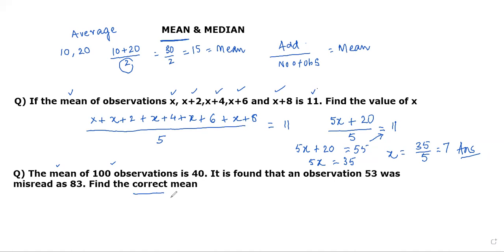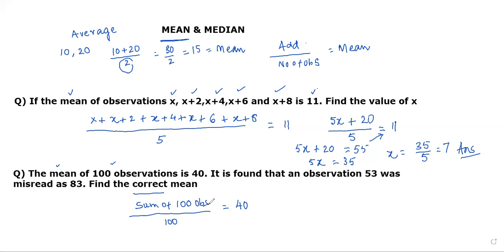All right. So at least what we know is that there are 100 observations. So the sum of those 100 observations, divided by what number? 100. The mean is given as 40. I hope you can understand what I have just done.